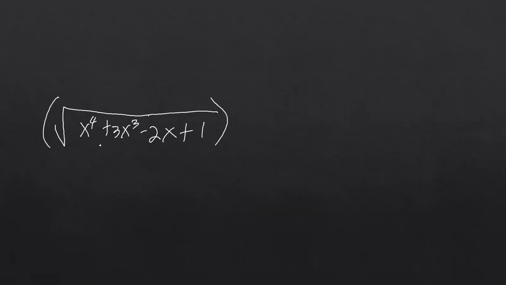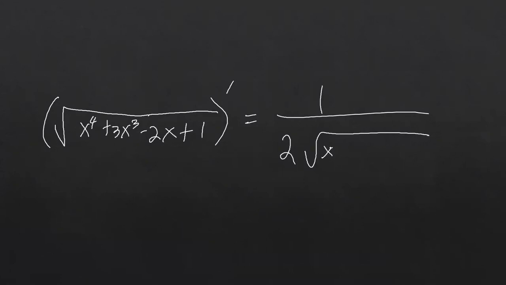Let's have one more for the derivative of a square root. Say for example, we are asked to find the derivative of the square root of x to the power of 4 plus 3x cubed minus 2x plus 1. It must be 1 over 2 times whatever square root function that you have, the square root of x to the power of 4 plus 3x cubed minus 2x plus 1. Then you multiply by the derivative of the function inside.